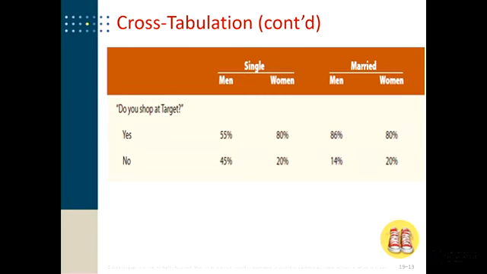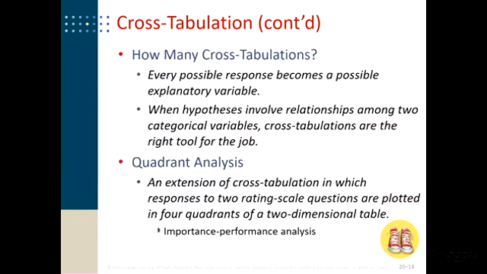So when we introduce this additional variable, marital status, we get one additional piece of information: married male respondents have a higher propensity to shop at Target. This information you didn't have in the overall result. So when we introduce different variables or go for an elaboration analysis, this type of cross tabulation may provide us some additional information.